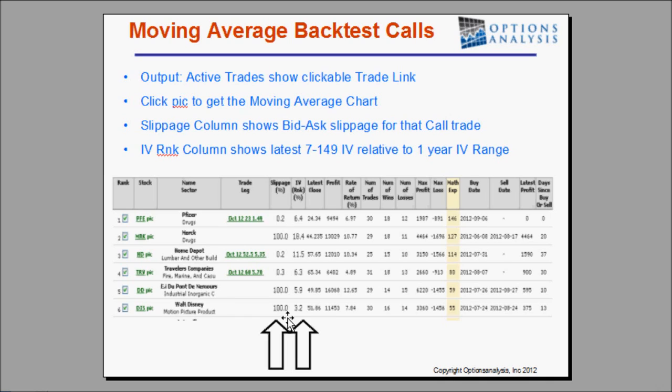The situation we're in now is a time period of very low implied volatility. We are not having to pay a lot of premium to trade call options in the summer and the fall so far of 2012.